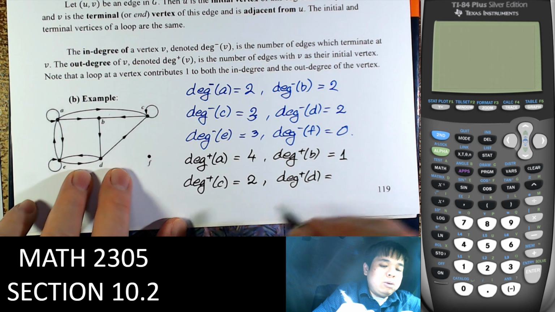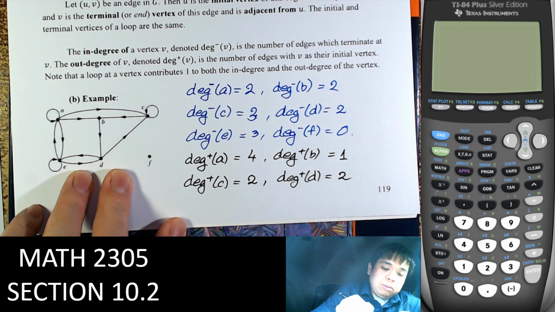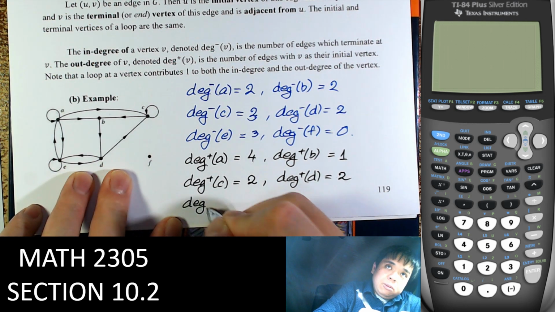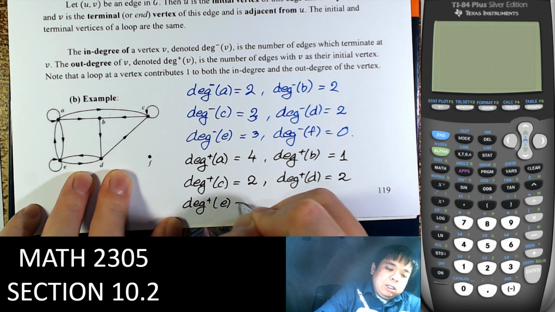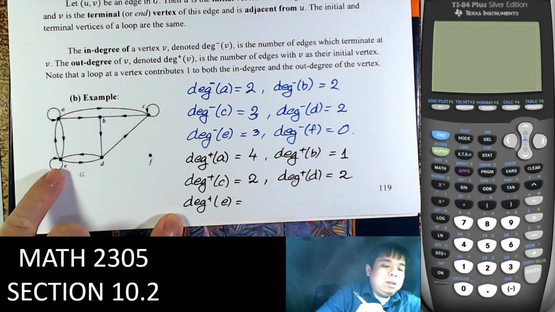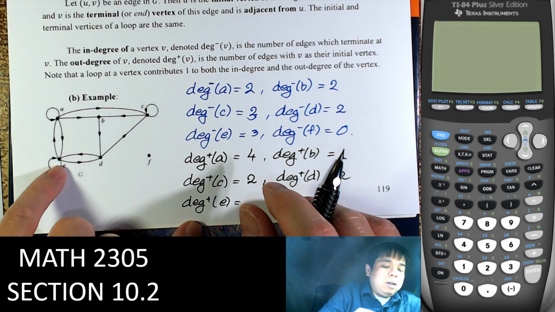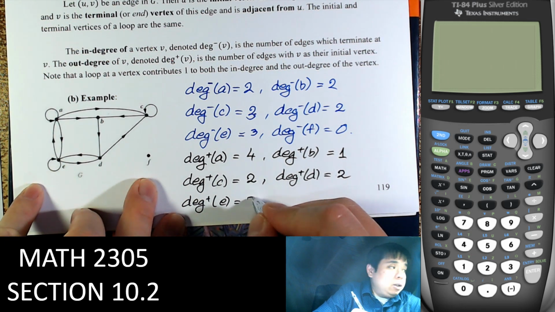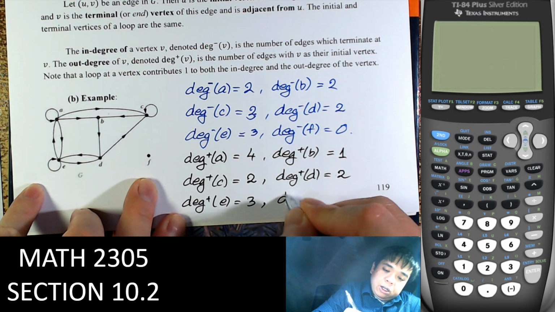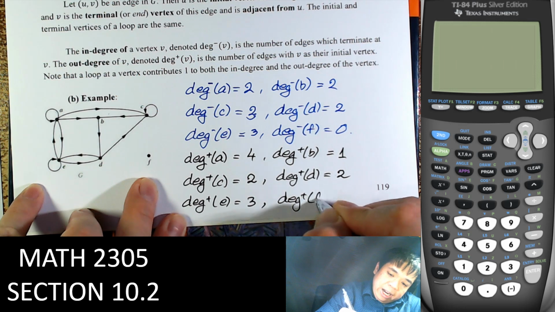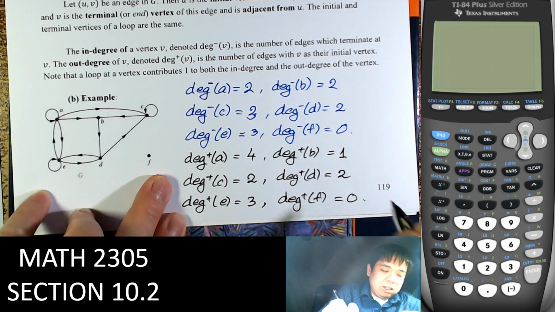One, 2, E, 1, 2, 3. Degree of F, again isolated, so degree of 0.